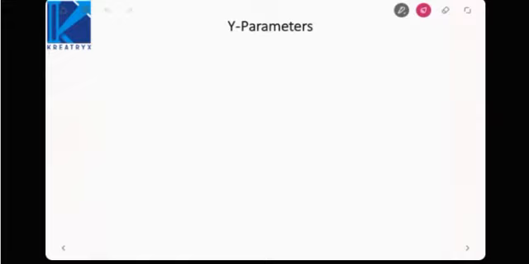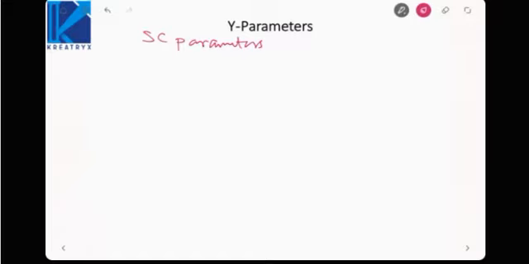Similarly for the case of I2. Now these are also known as short circuit parameters. As you might already have guessed, in the Z parameters we were determining the parameters by open circuiting the ports. Here we will determine the parameters by short circuiting the ports.